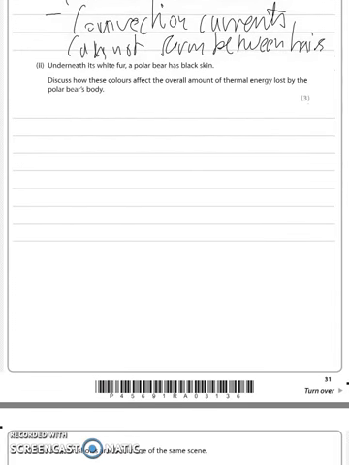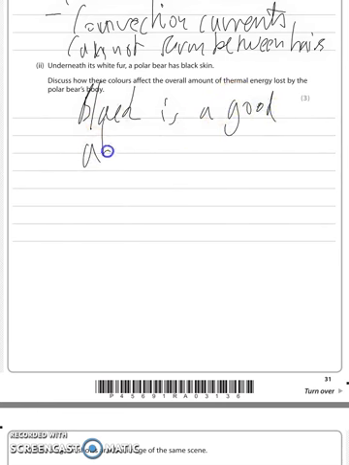Underneath its white fur, a polar bear has black skin. Describe how these colors affect the overall amount of thermal energy lost by the polar bear. Okay, so any 3 from black is a good absorber of thermal radiation. So white is a very good reflector, but black is a very good absorber.